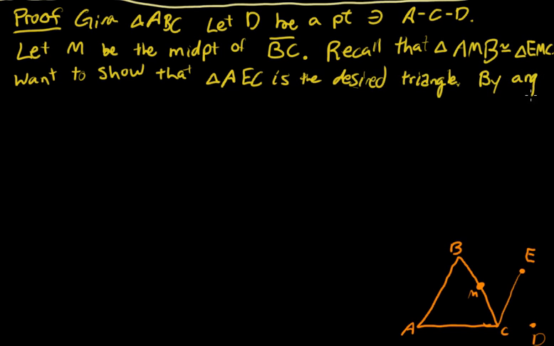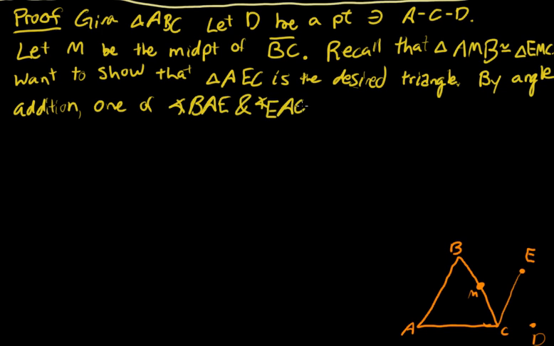Well, we can say by angle addition, one of angle BAE and angle EAC has measure less than or equal to half the measure of angle BAC.